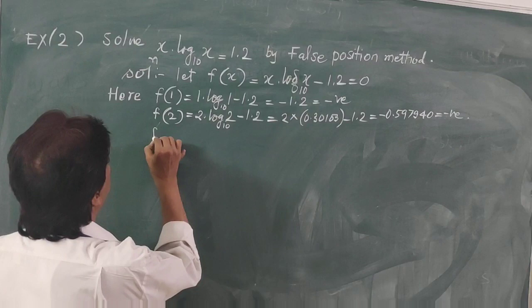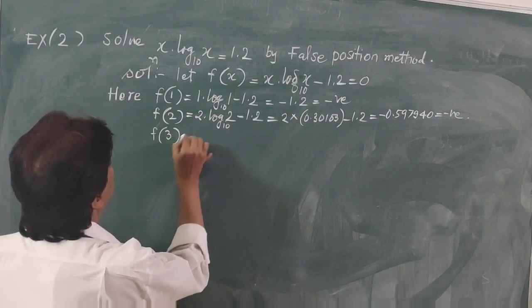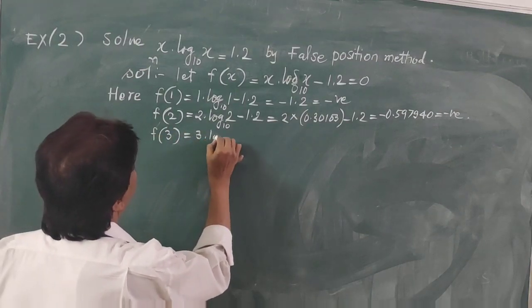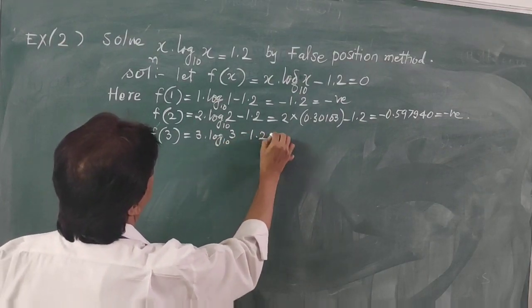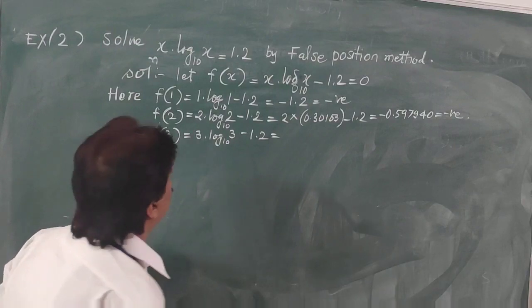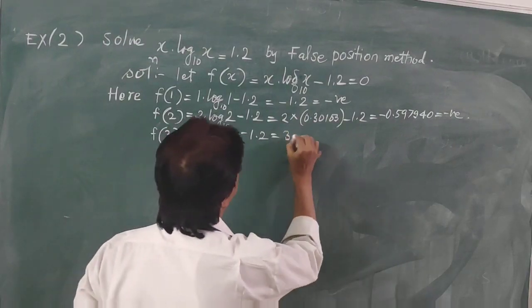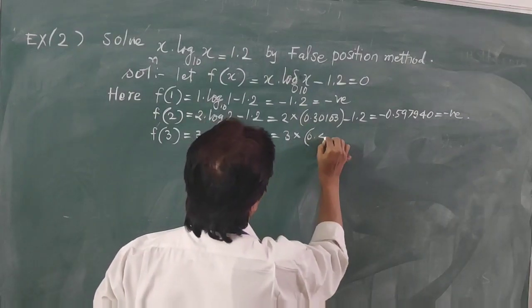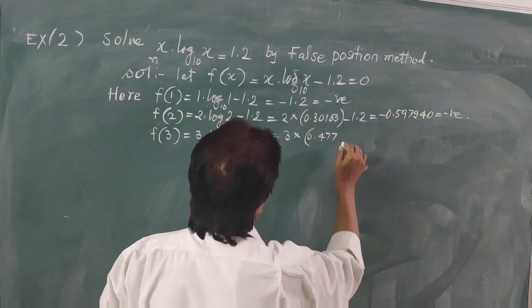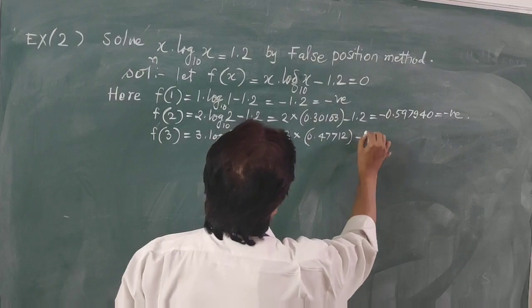Now let me check what is f of 3. 3 into log of 3 to the base 10 minus 1.2. So 3 times log of 3 to the base 10 is 0.47712, minus 1.2.